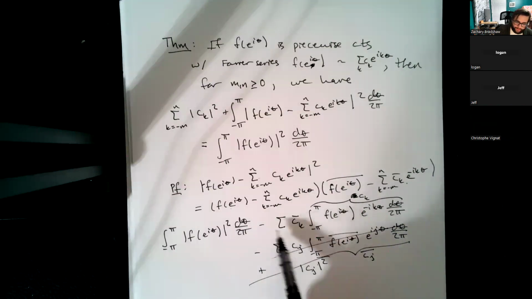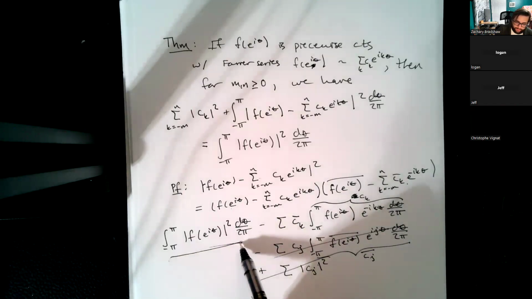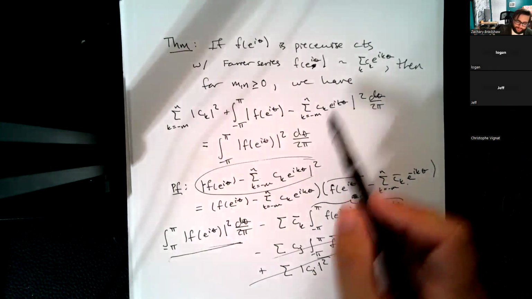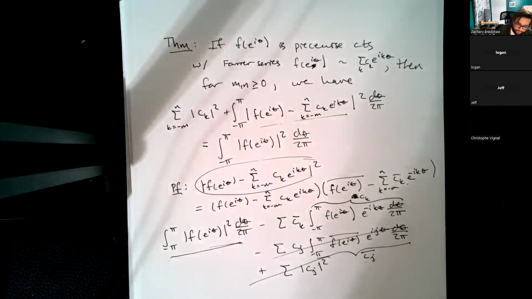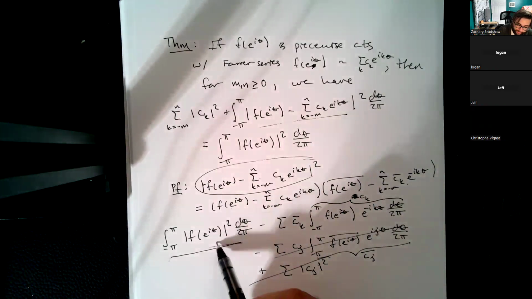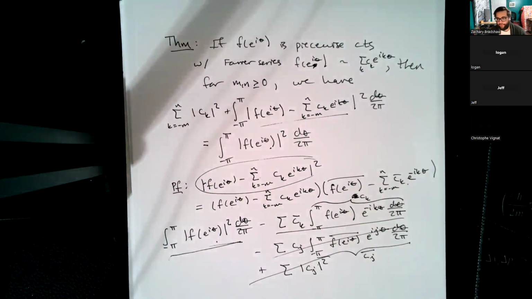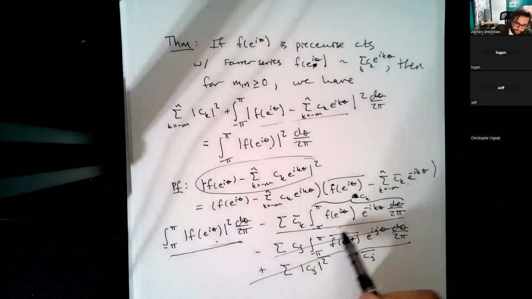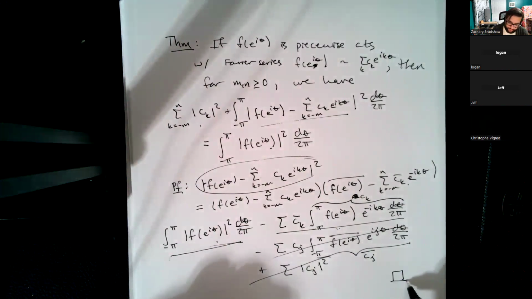And so what we're left with is this guy, this thing here, integrated from minus pi to pi. So that term is equivalent to this guy, which appears here, minus the partial L2 norm, I'll call it. So this term is this guy here. And so that completes the proof.